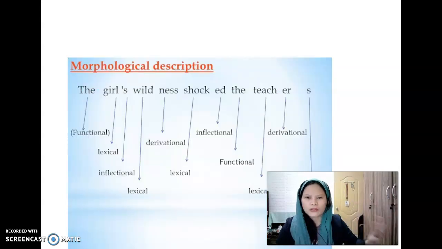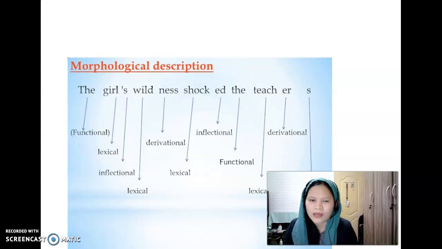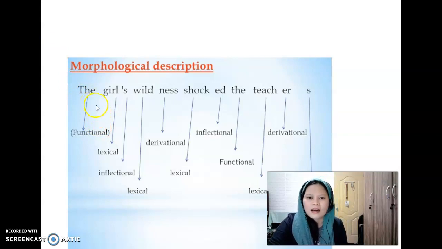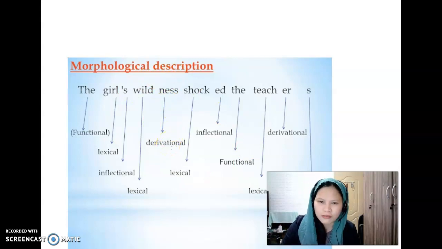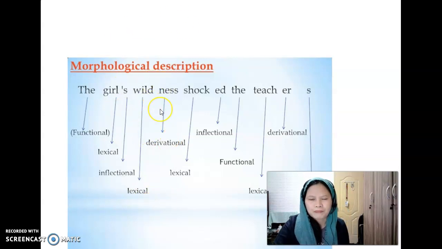So if you have a sentence like this, the girls' wildness shocked the teachers. The is functional, definitely functional. You can never add anything to this. Girls: this is the lexical word girl, and we have the inflectional apostrophe s. We have wild, which is the lexical base word, and ness is the derivational, which changes it from adjective to noun.